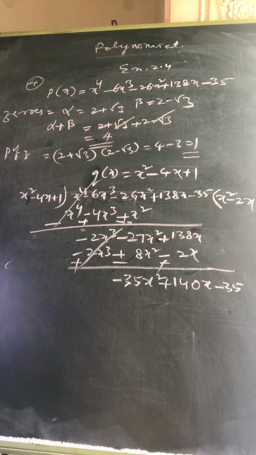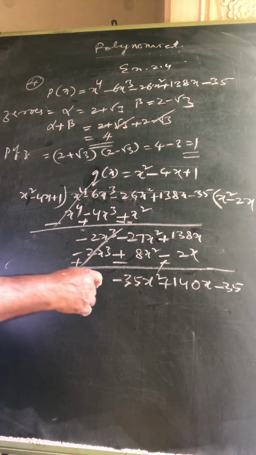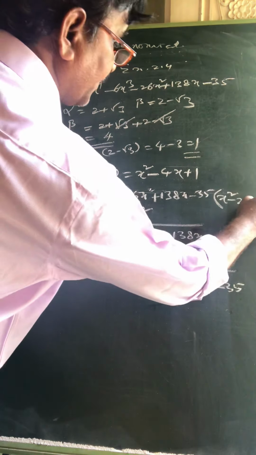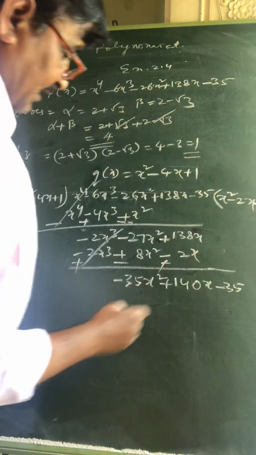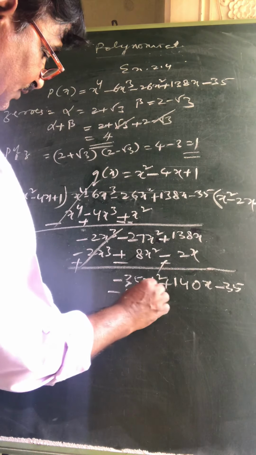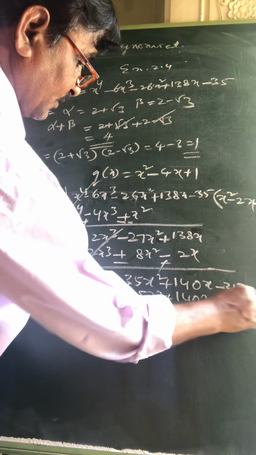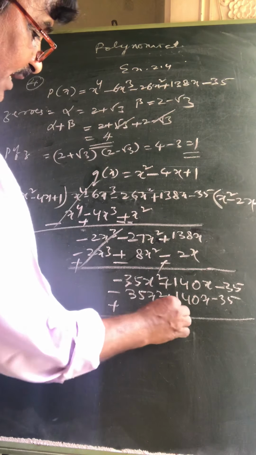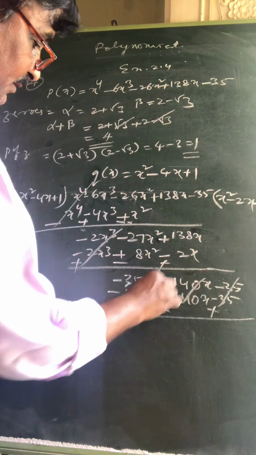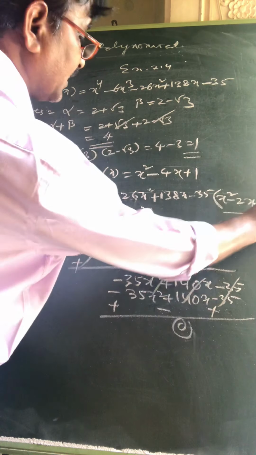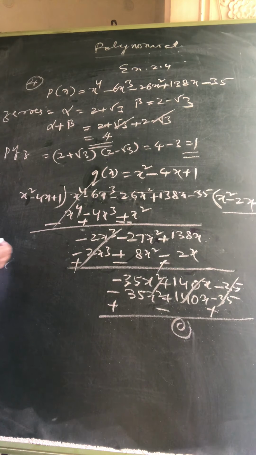How many times will it go? Minus 35 times: minus 35x square plus 140x minus 35. Subtracting, everything cancels and the remainder is 0.